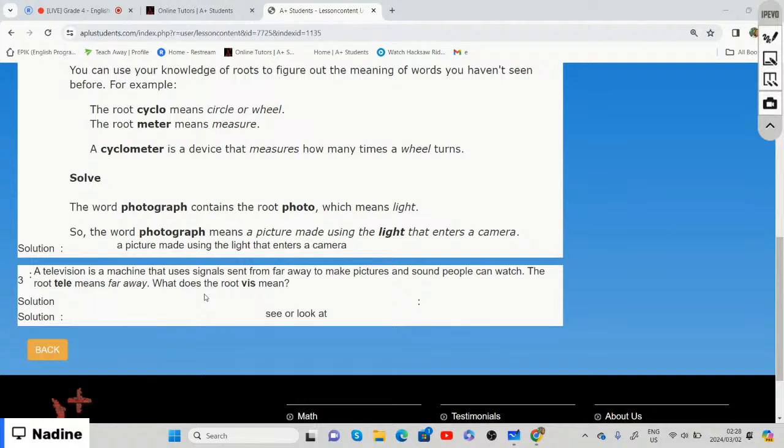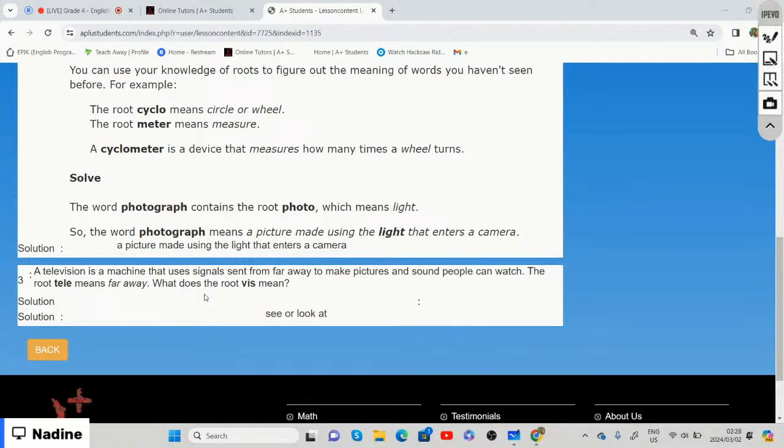And if we look at the root, then the root is tele. So the root word tele means far away.